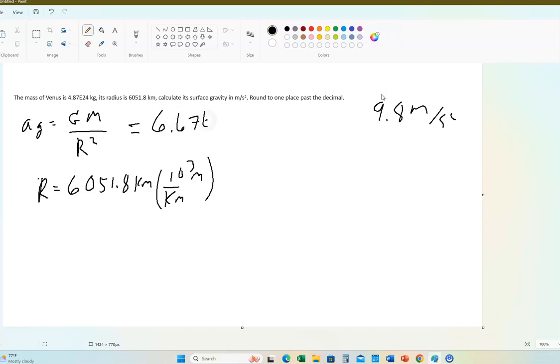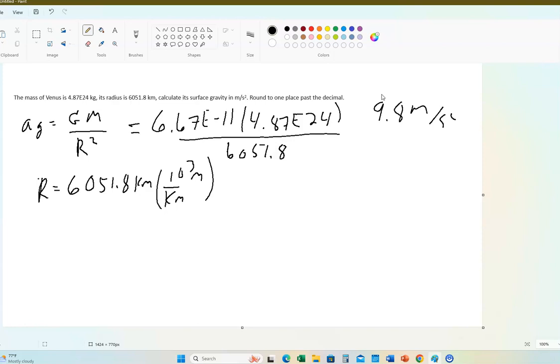6.67 times 10 to the minus 11th, the universal gravitational constant, times the mass of Venus, which happens to be 4.87 times 10 to the 24th, just slightly smaller than our Earth, and then divided by, so I'm going to divide by this number, 6051.8 times 10 to the third, again, just slightly smaller than the Earth.